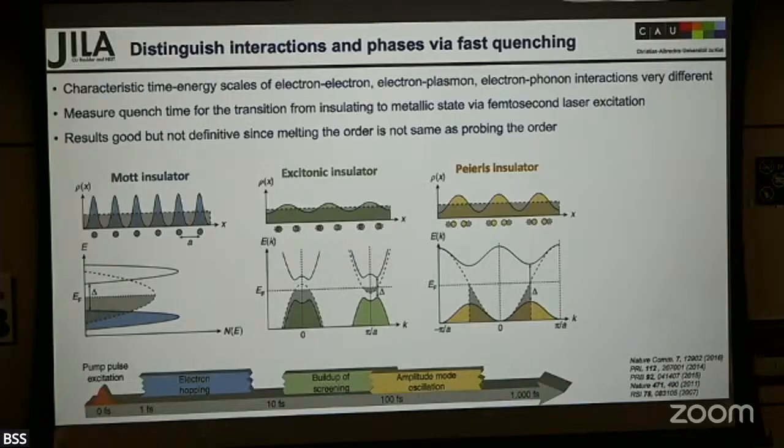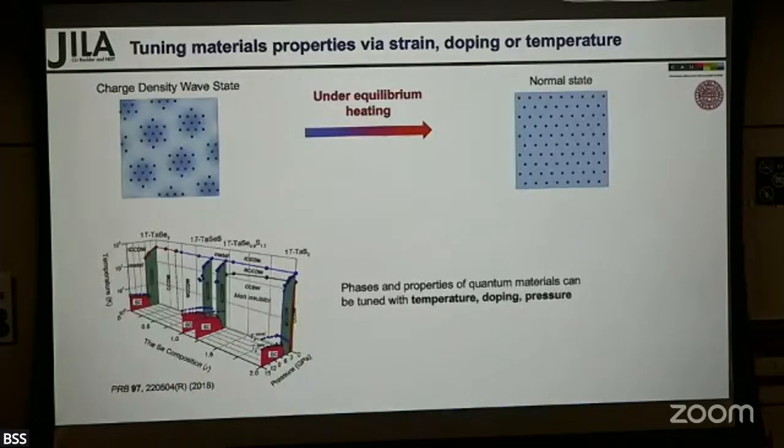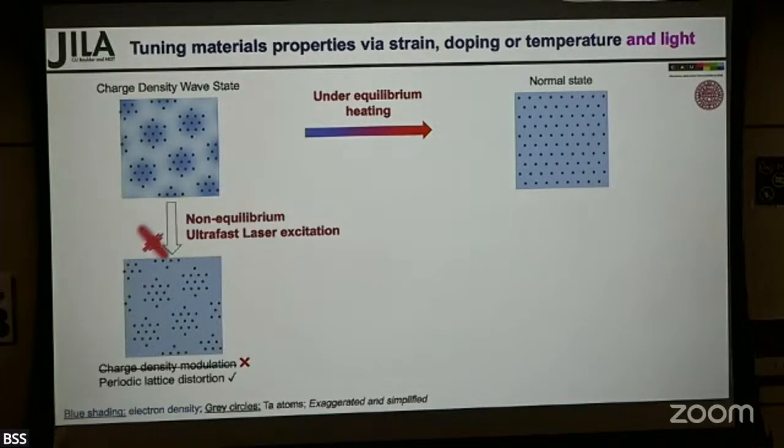So then we got a little bit better, using far more gentle excitation and trying to look at the very low energy excited states, because the low energy excited states are characteristic of the ground state, by definition, right?